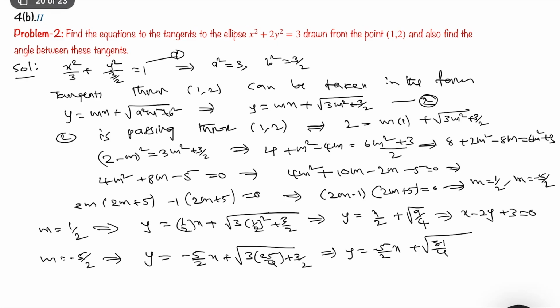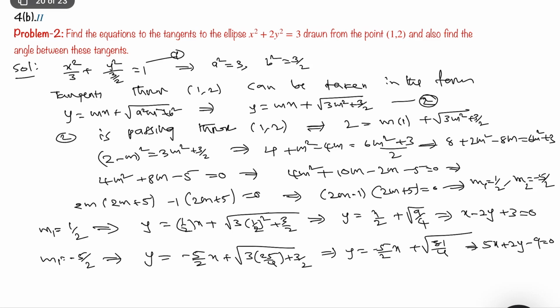So it's going to be 5x plus 2y minus 9 equal to 0. Okay, so 5x plus 2y minus 9 equal to 0, another tangent having the slope minus 5 by 2. Let me call m1 equal to 1 by 2, m2 equal to minus 5 by 2. Okay. Fine.